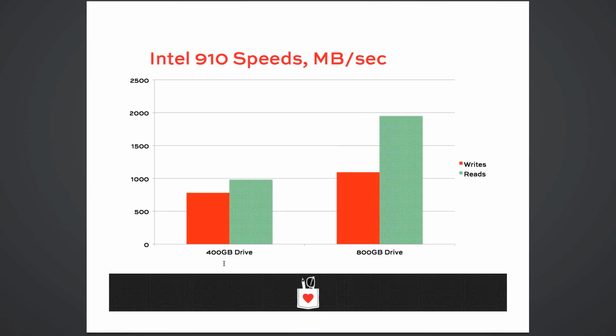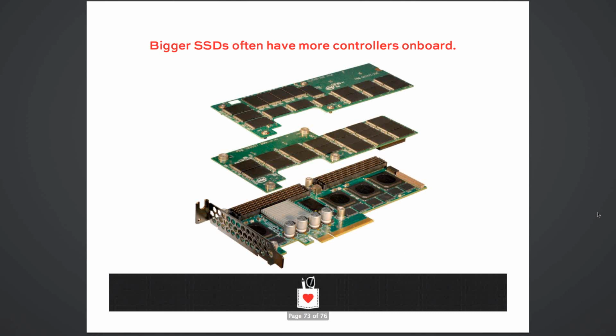It's the opposite in the solid state world. Notice these are two Intel drives, PCI Express cards you plug into your server. The 400 gig drive is slower than the 800 gig drive. Why? Because the bigger your drive is, the more controllers and the more solid state chips it has.